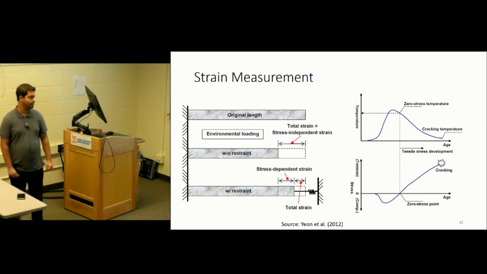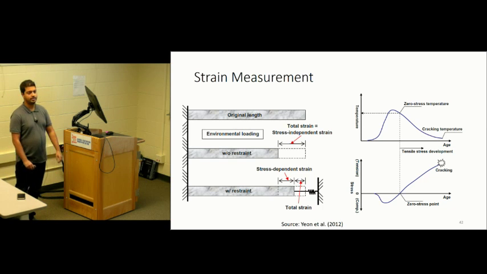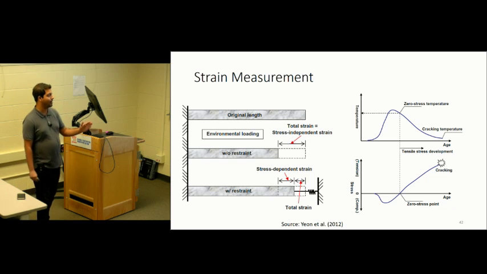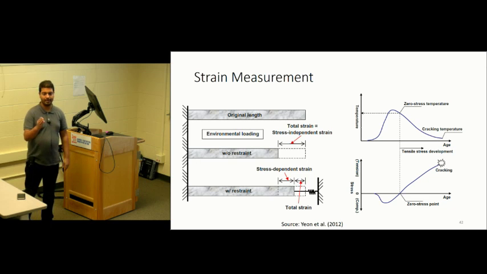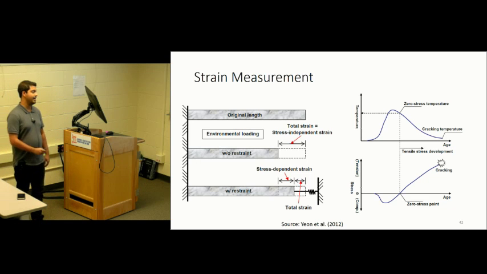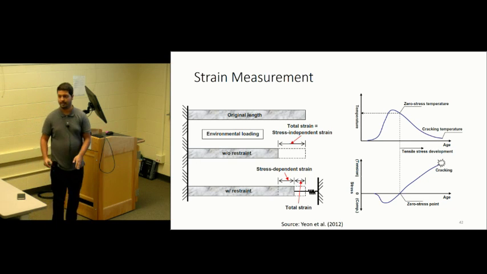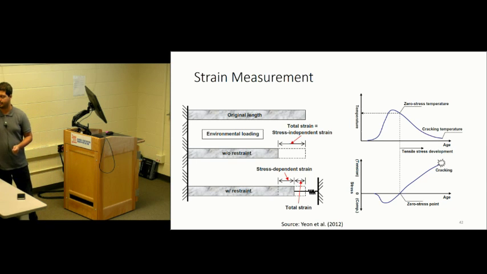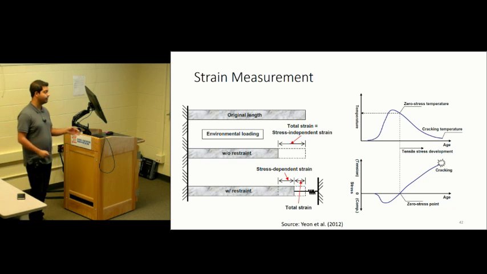There are different ways of finding the zero stress point and a lot of debate going on, but one method is to take it after the peak of heat of hydration. That's the point which we assume as zero strain for all the different concretes, and then we start the measurement of strain from that point.